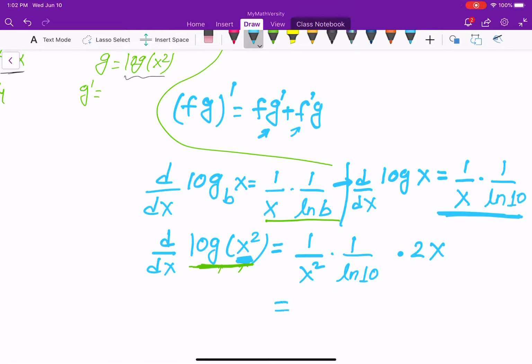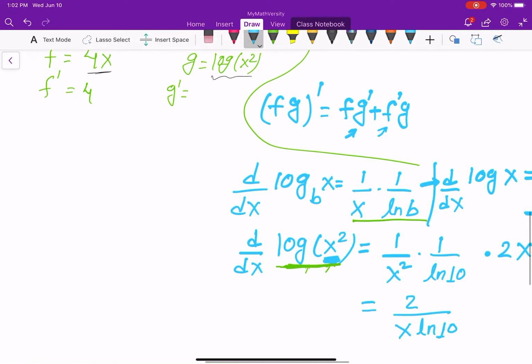So if you simplify, this will be 2 over x times ln of 10, right? So this is your derivative of log of x square. So we can just write down g prime as 2 over x times ln of 10. So this is what we needed to figure out.